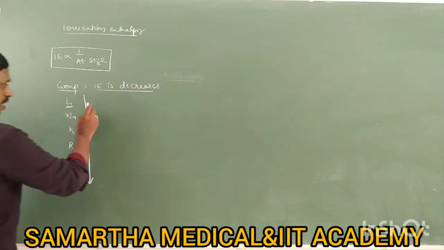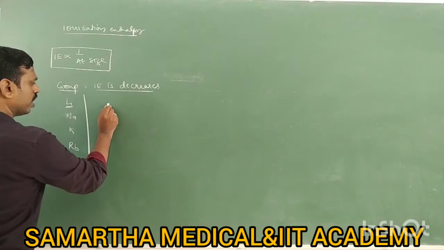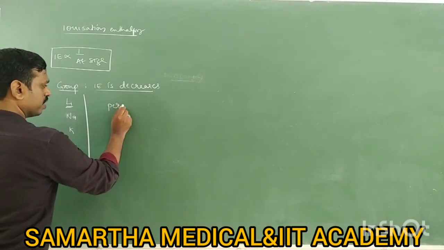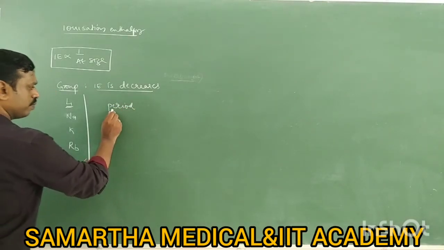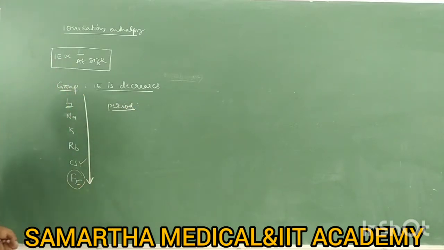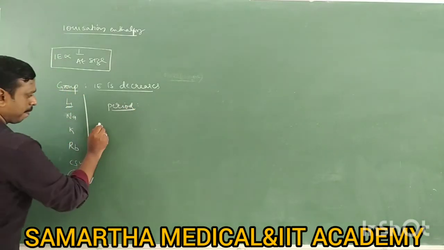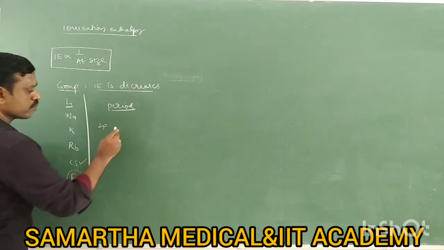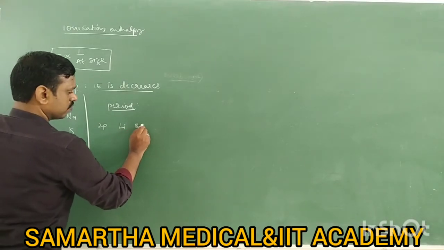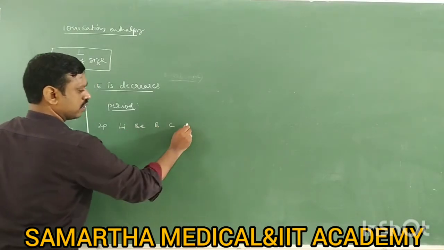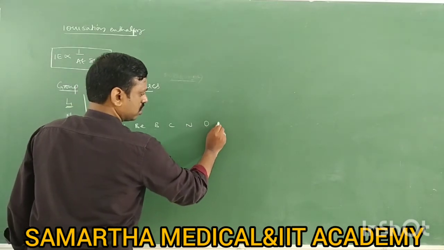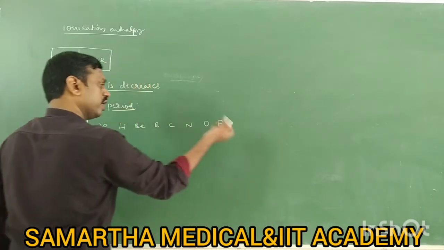Next, in a period: what happens to ionization enthalpy in a period? To understand ionization enthalpy, we need to understand atomic size. In a period, let us take the example of the second period: lithium, beryllium, boron, carbon, nitrogen, oxygen, fluorine, neon.